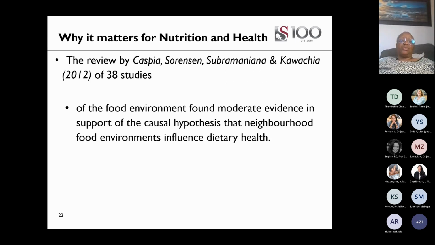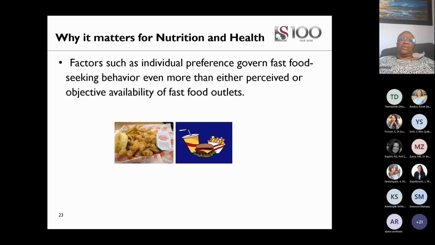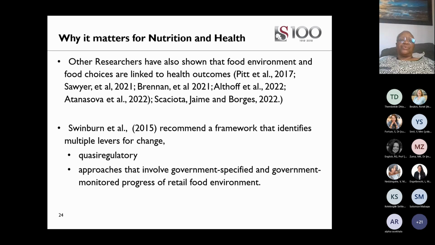In a review by Caspia et al., they showed moderate evidence to support the causal hypothesis that neighborhood or local food environments influence dietary health, and indicated that factors such as individual preference for fast foods were responsible for some of those health outcomes. Other researchers that I've listed here have also shown that food environment and food choices are linked to health outcomes.